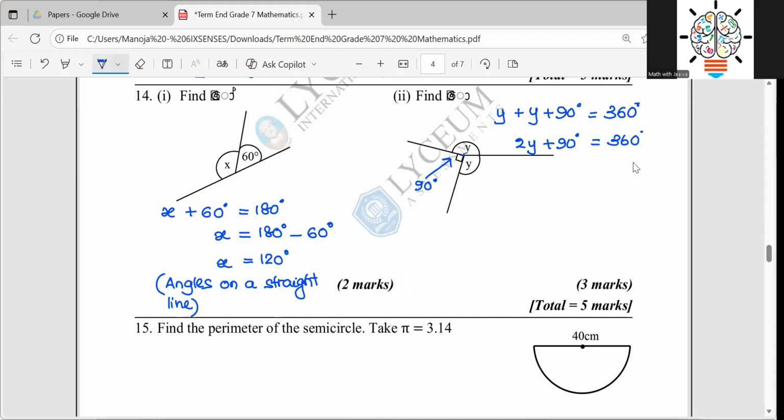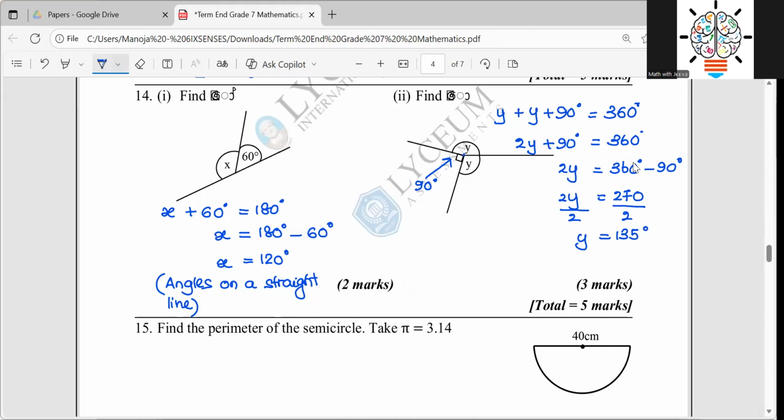Then 2y equal to 360 minus 90, which gives me 2y is equal to 270, and I divide both by 2 to get the y value. When you divide 270 by 2, it gives me 135, right?